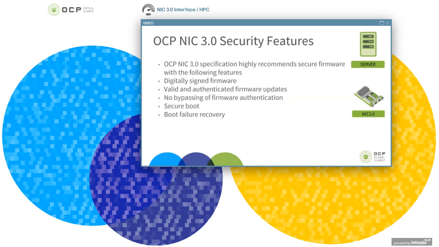So if for some reason your secure boot fails, you can use this recovery image to boot, and then update your firmware to a well-known good state. So these are all specified in the OCP NIC 3.0 spec as recommended features. We believe that modern NIC implementations should support all these security features.